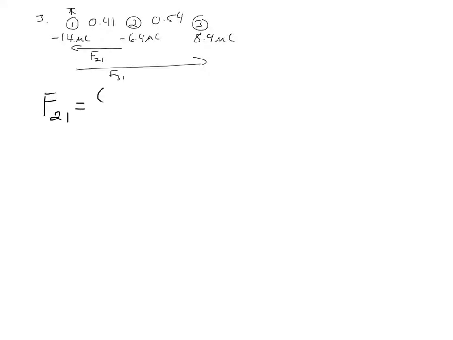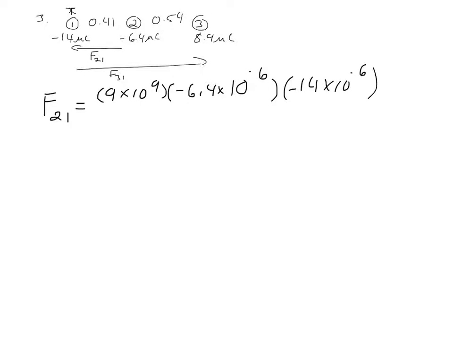It's going to equal kq1 q2 over the distance squared. So k is 9 times 10 to the 9th. Q2 in this case, negative 6.4 times 10 to negative 6th, times negative 14 times 10 to the negative 6th, all over the distance between 1 and 2, which is 0.41 quantity squared.